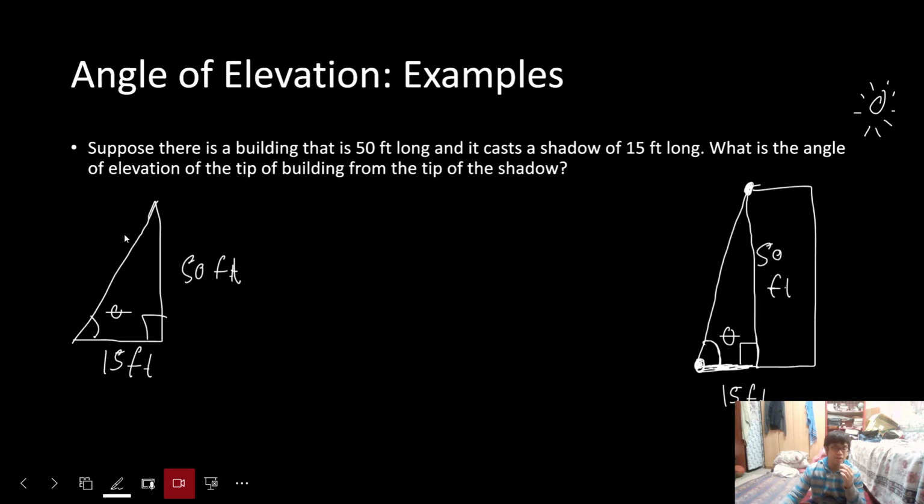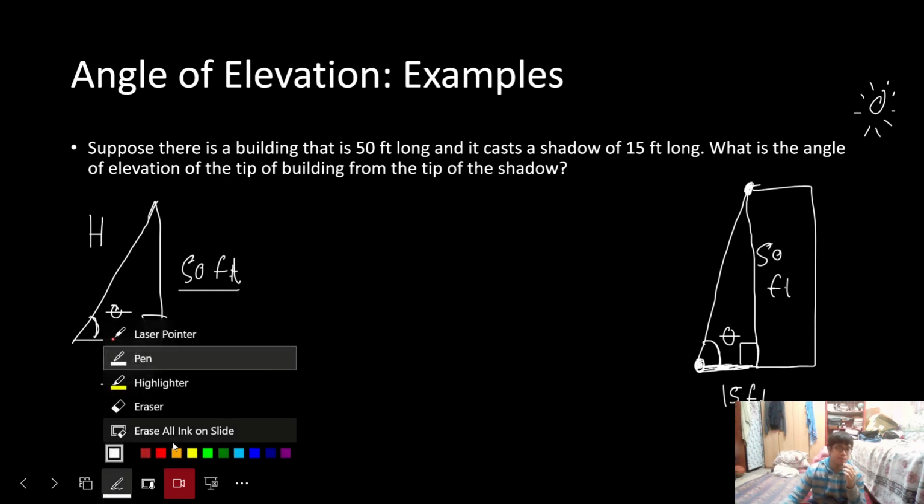Here in the right triangle, we have the hypotenuse, which is not given, but we have the legs that are given, which are 15 feet and 50 feet. If we refer to the angle here, because that's what we're looking for, which one is the opposite and which one is the adjacent?